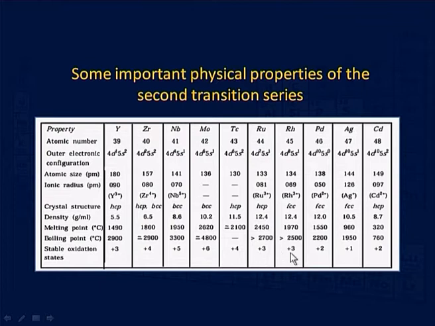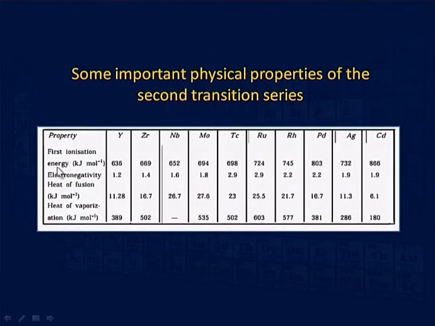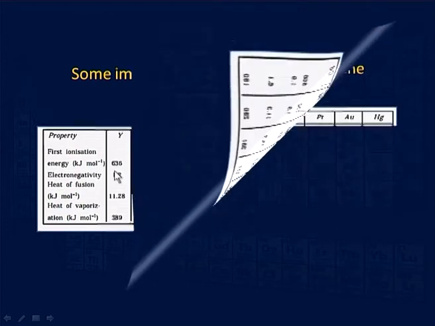Similarly, ruthenium or rhodium can have +3 oxidation state as a stable oxidation state, while silver is mostly found in +1 oxidation state. The data for first ionization energy in kilojoule per mole, electronegativity and heat of vaporization of these second row transition metals is also listed in this table.